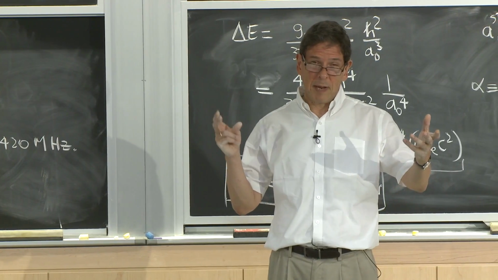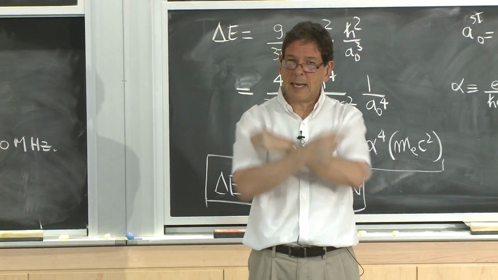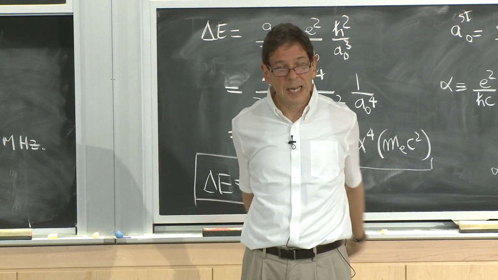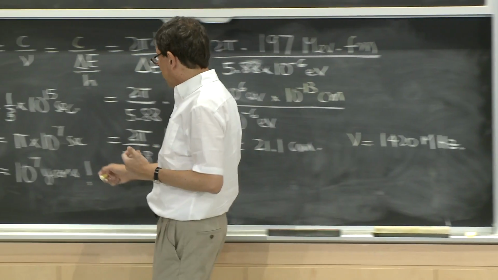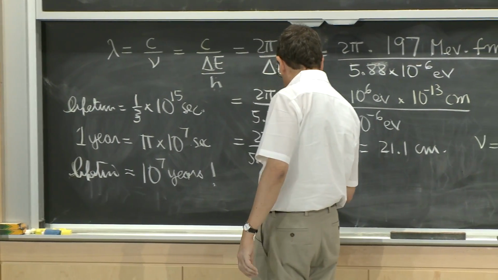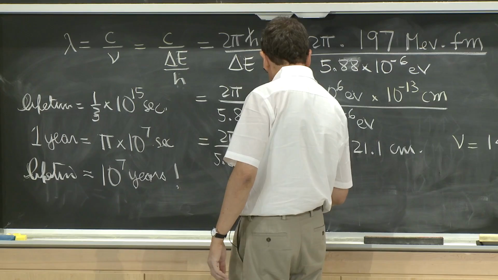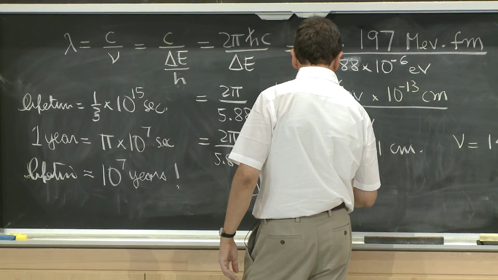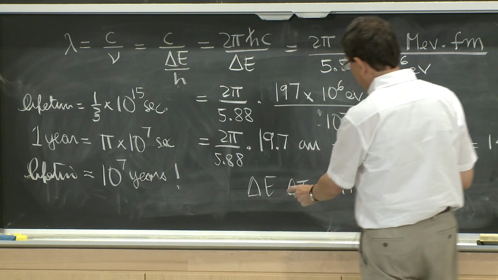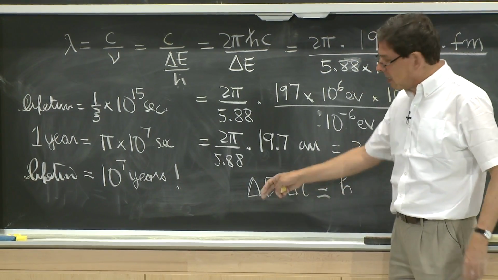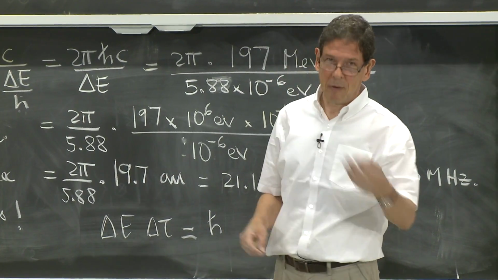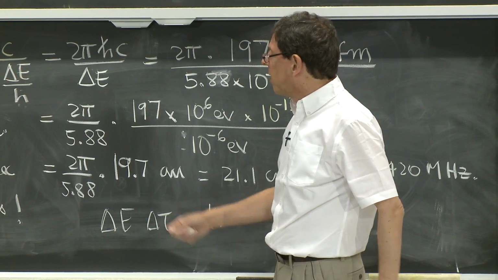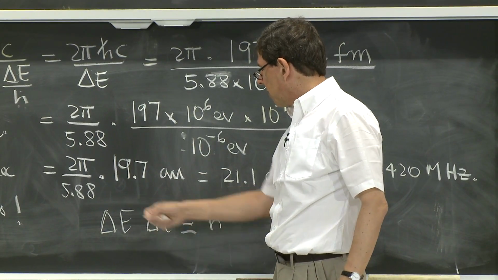It's been used to measure rotational speed of galaxies through the Doppler shift of this line. And given that extraordinarily long lifetime, if you remember the uncertainty principle, delta E delta T goes around h, a very long lifetime implies this is a line that is very accurate, extraordinarily sharp, with millions of years of a lifetime.